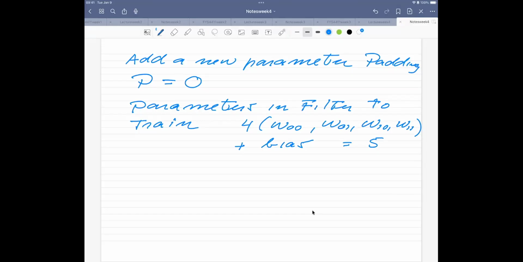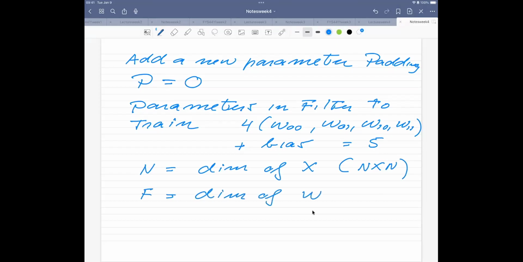Then, if you now think of the parameters you need, if you look at n, let's define that as the dimension of x. I'm assuming that x is an n times n matrix. You can change that if you want to. And then if we look at f, that is the dimension of the filter. We're also assuming that the filter is quadratic. So that is an f times f filter.